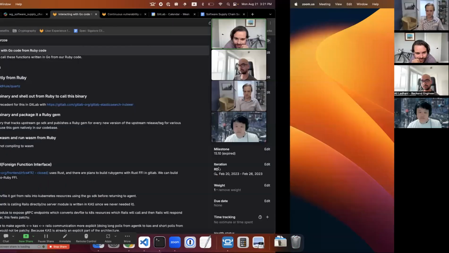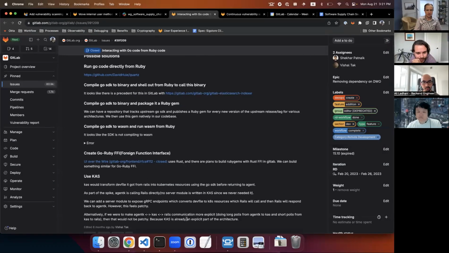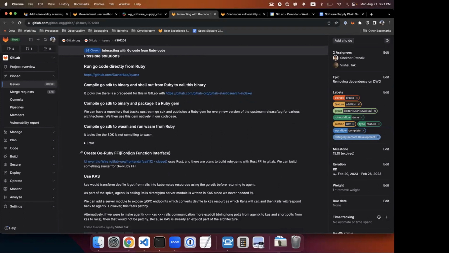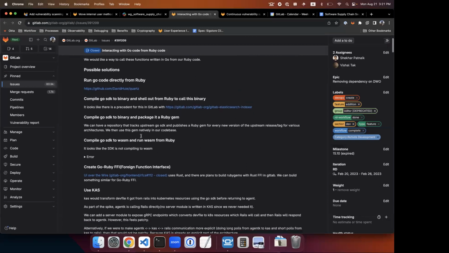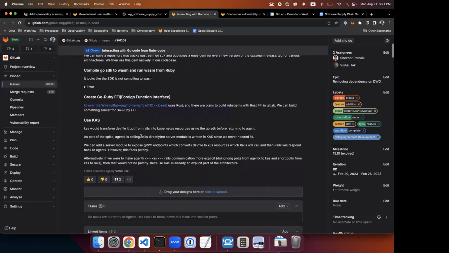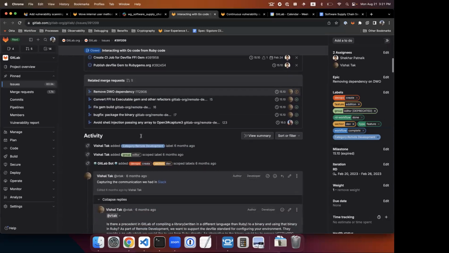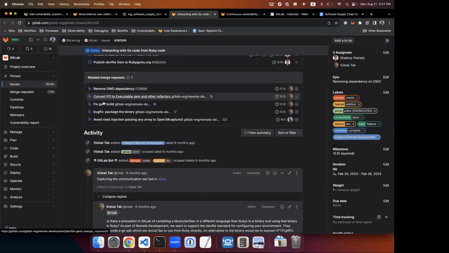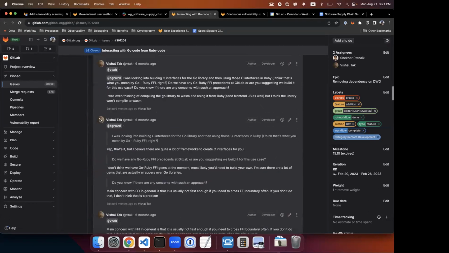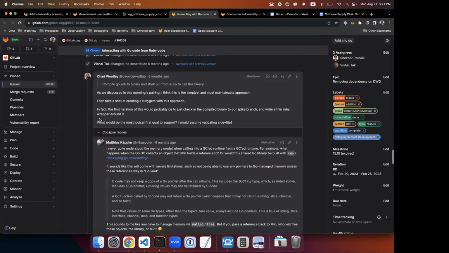We can read through it together. But yeah, a Go Ruby FFI. This is like the same thing I was talking about, the Rust binding. It's like the same thing but for Go. That sounds very interesting.